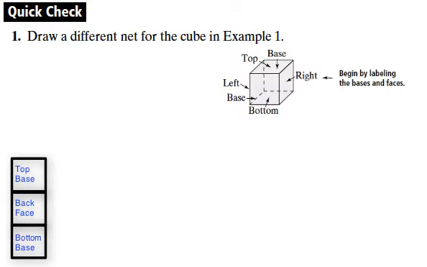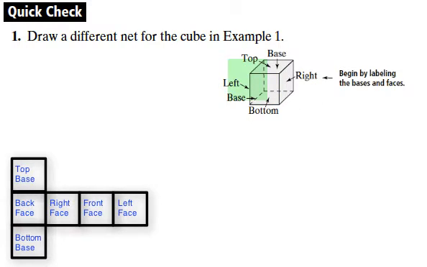So we'll draw the right face, the front face, and the left face. I've labeled all of my faces on my drawing so that it's easier for you to see. I hope that helps. Pause the video if you need more time to finish drawing your net for this cube.